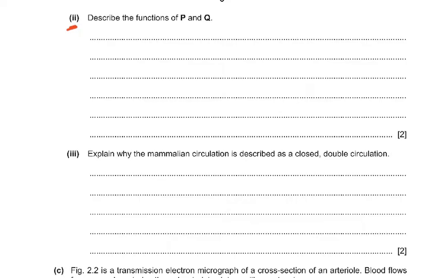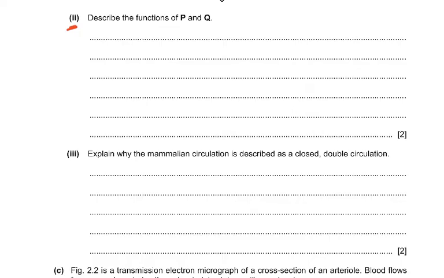The second mark scheme point would have been vena cava transports the deoxygenated blood from the entire body to the right atrium. Or you can say vena cava transports blood at low pressure to the right atrium. So any of those points, as long as it fitted into the functions of P and Q. You could have said aorta transports oxygenated blood and vena cava transports deoxygenated blood if you did a comparison.